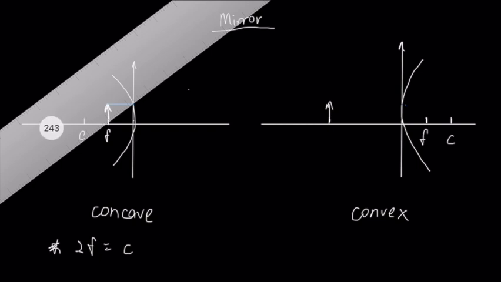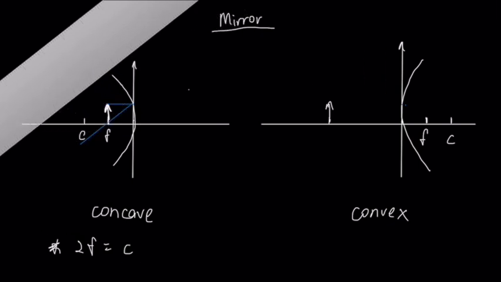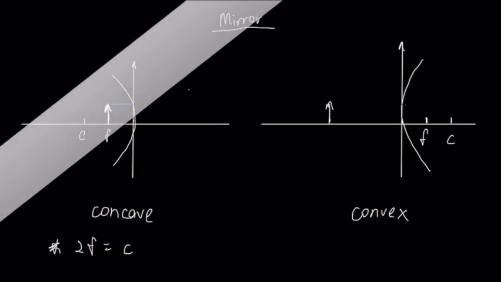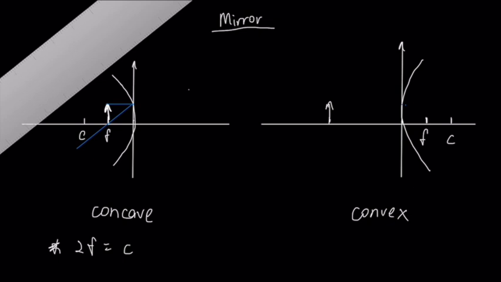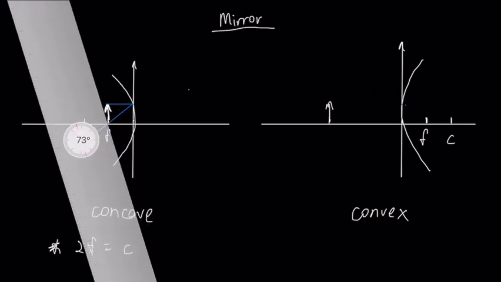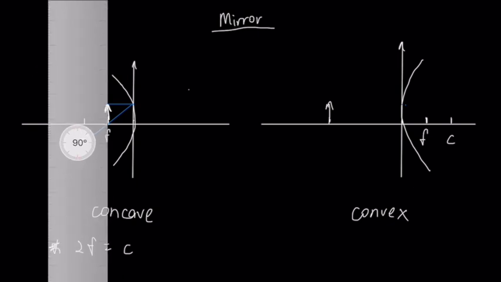Yeah, this is much better. And then now, as you can see, how can I draw the light from the object to the focal point? It's not directly down.